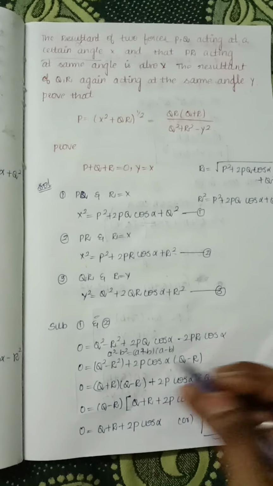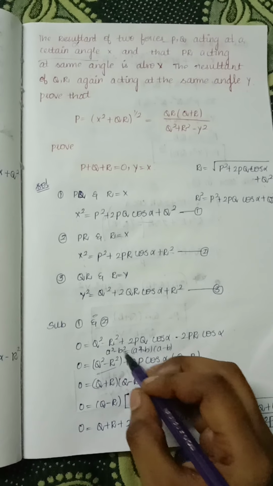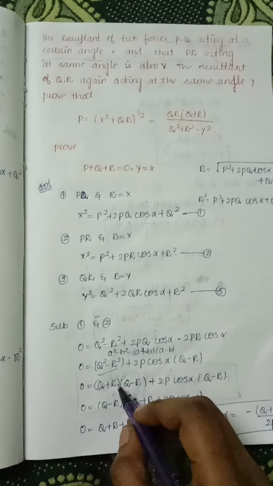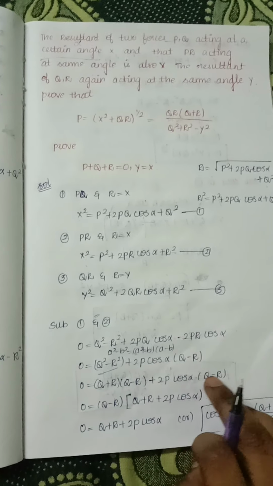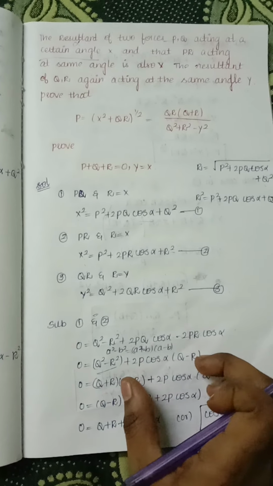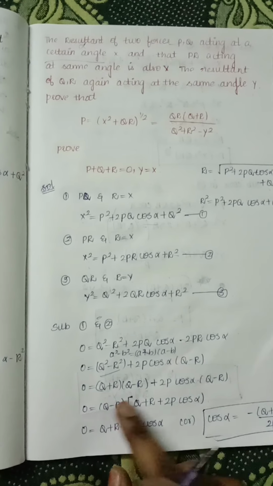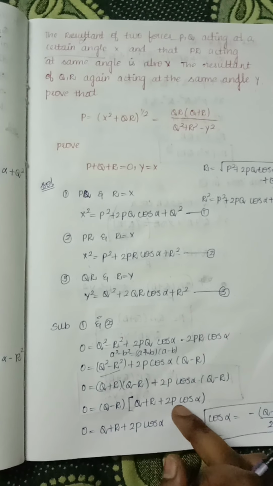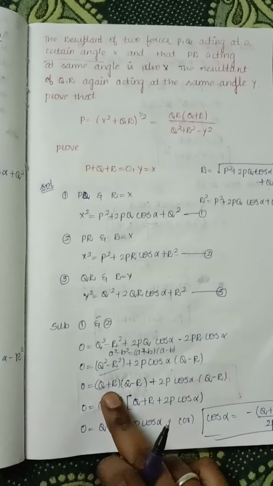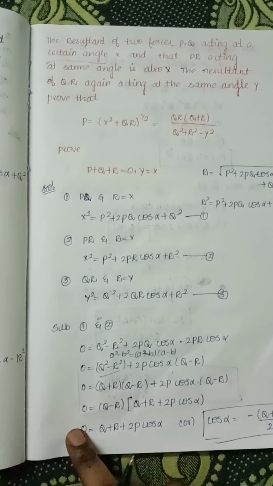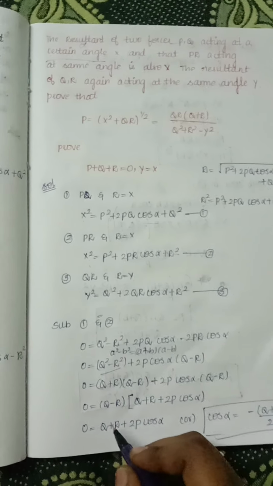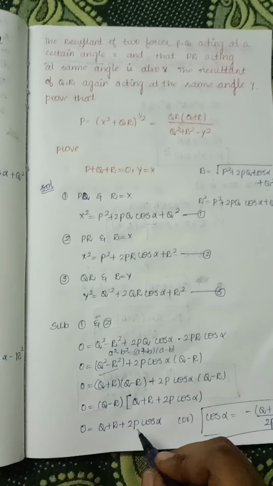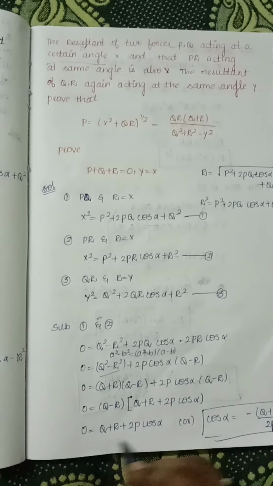Q square minus R square is in the form a square minus b square, which can be written as a plus b times a minus b. Then plus 2P cos alpha times Q minus R. If we take Q minus R as common, we get Q plus R plus 2P cos alpha. Since 0 divided by anything is 0, Q plus R plus 2P cos alpha equals 0.